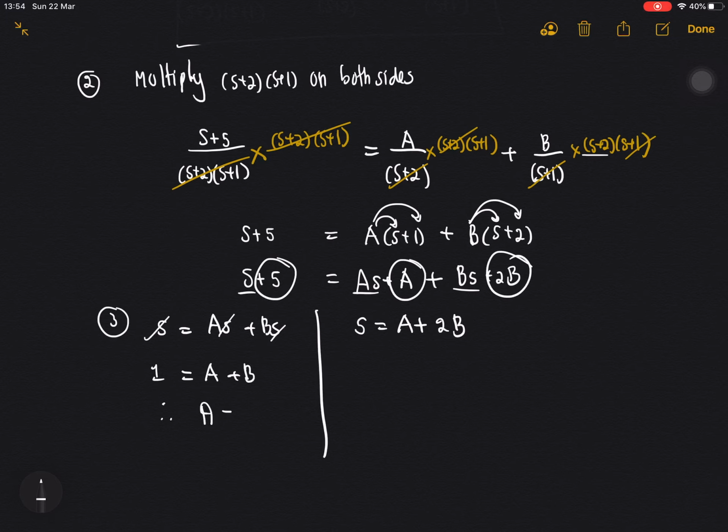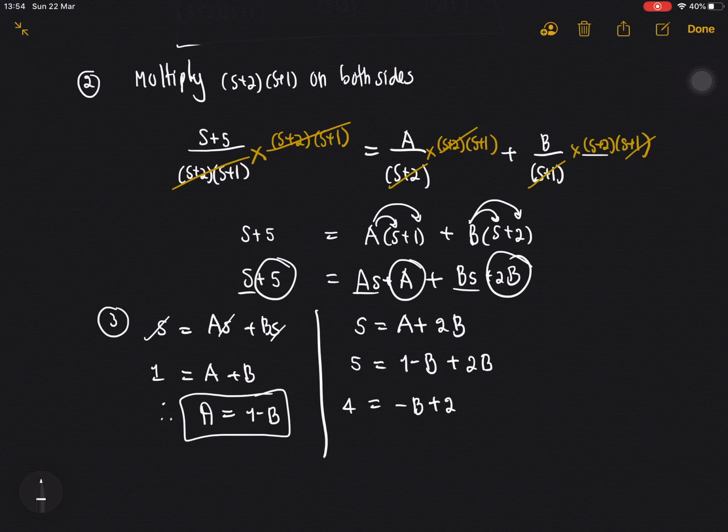Therefore, our a is equal to 1 minus b, right? And then next, you have to substitute a as 1 minus b back into the second group, and here is what you will have. So you will move 1 to the left side, so that becomes 5 minus 1, and that becomes minus b plus 2b.